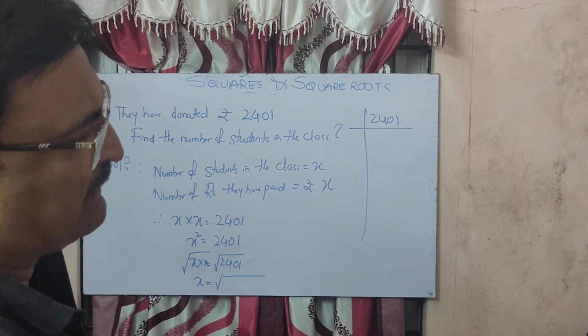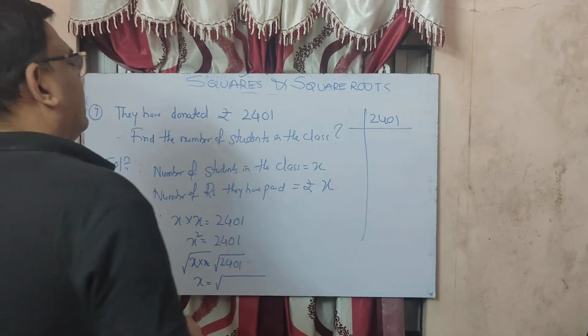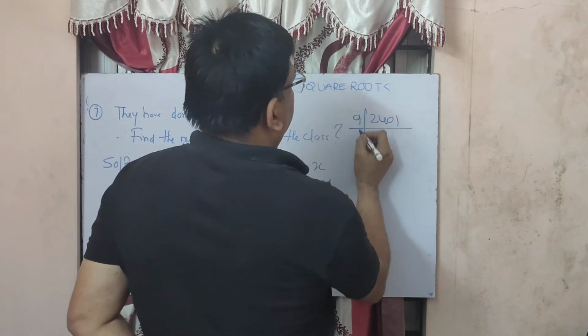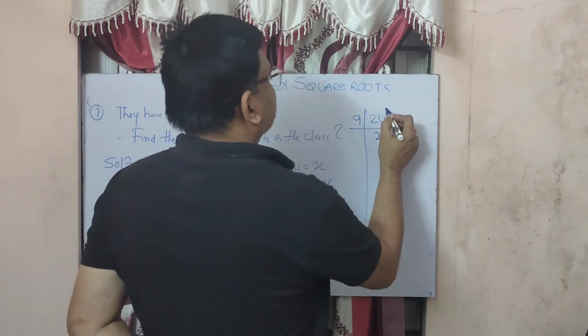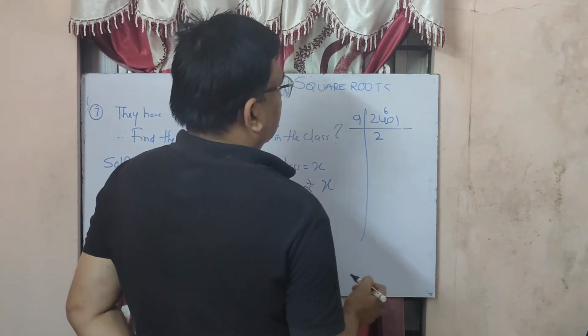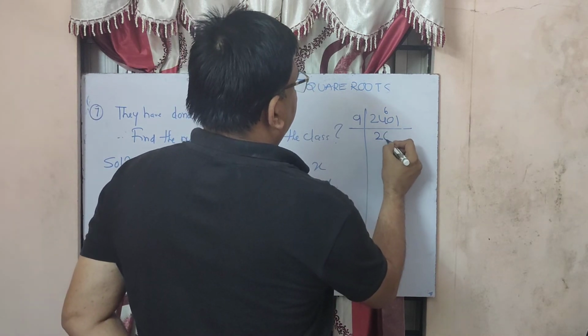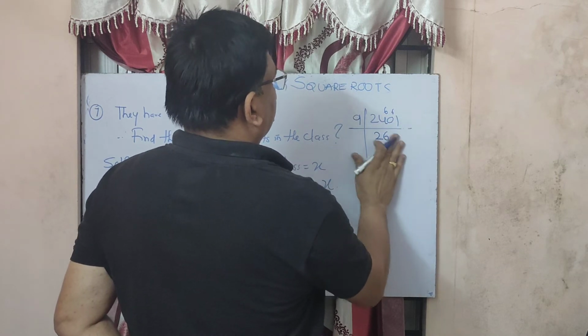Let us try from 9. 9 twos are 18, 6 remaining. 6 plus 0 is 60. 9 6s are 54, again 6 remaining. 61. So it is not possible.